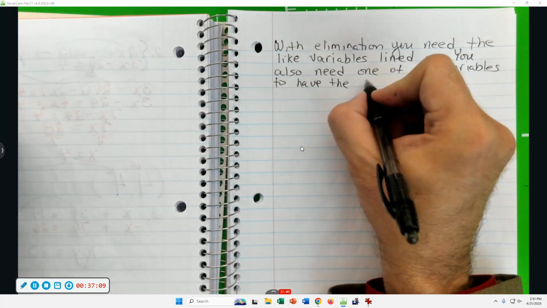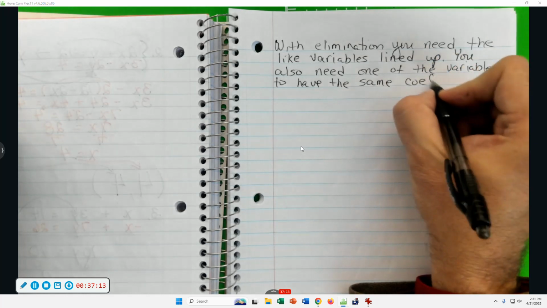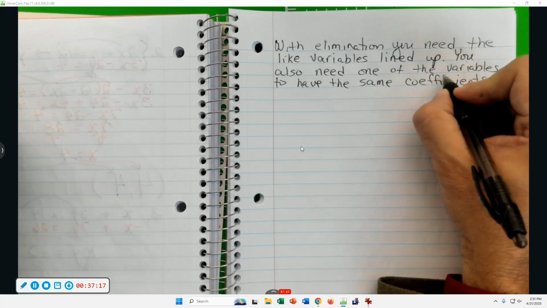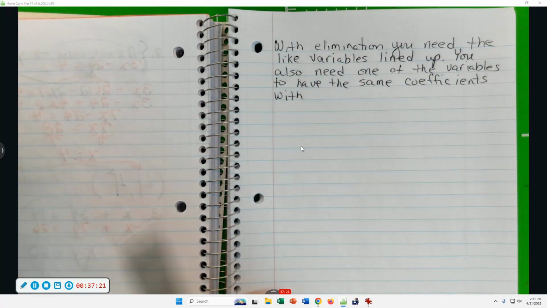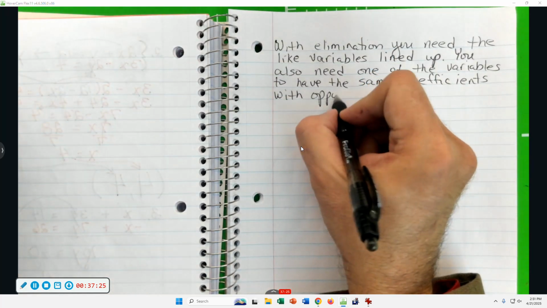Like in problem 3, x had a positive 1 and a negative 1. And you say, well, suppose you don't have that. Well, you're going to have to make it have those same coefficients, but opposite signs.